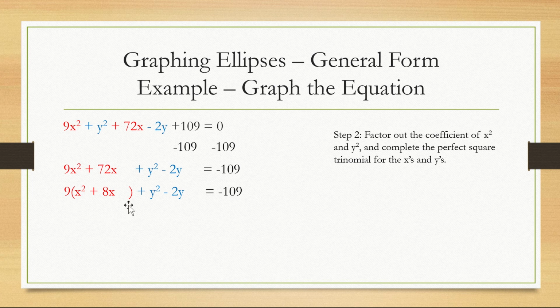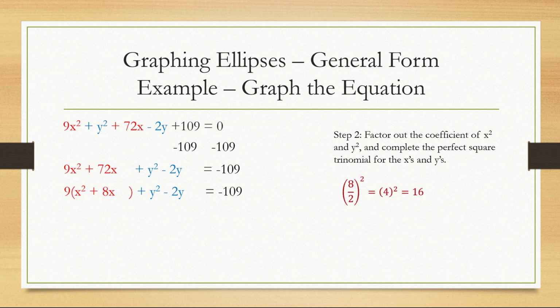Now, if the coefficient of y squared was something else besides 1, then you would factor that out too. But because the coefficient of y squared is 1, we're just going to leave it like this and bring down the terms, and then of course bring down the constant as well. But the step here was to just factor out the coefficient of x squared.